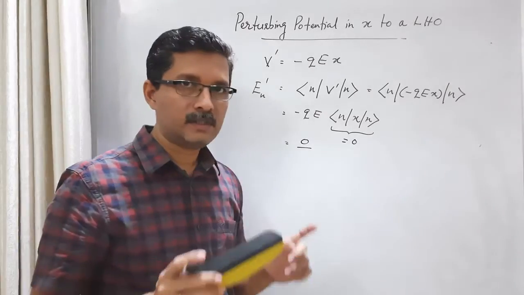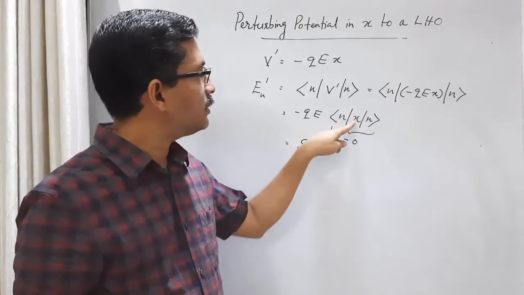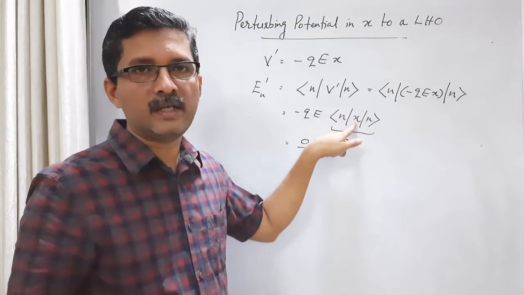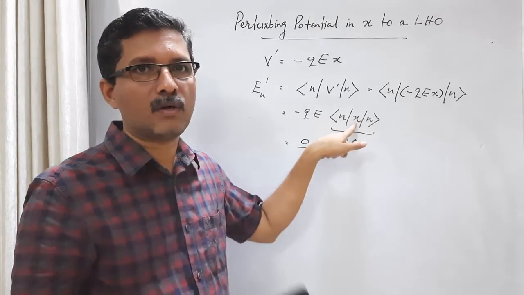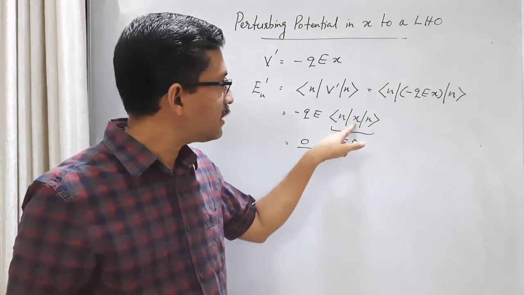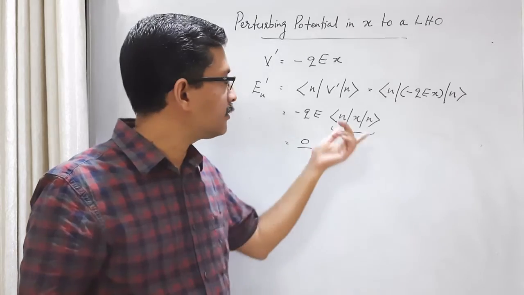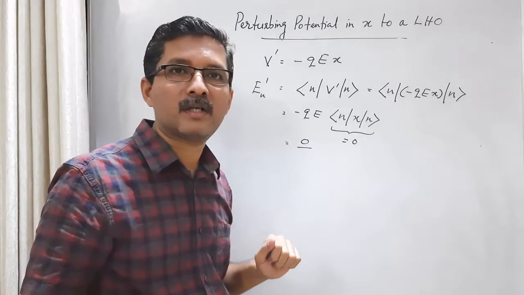And you can see from here, let us generalize this idea. Suppose it is x cubed. In the next class I will discuss the perturbing potential x cubed for the linear harmonic oscillator. If it is x cubed, you can repeat the same argument, and again the first order correction to energy is 0.